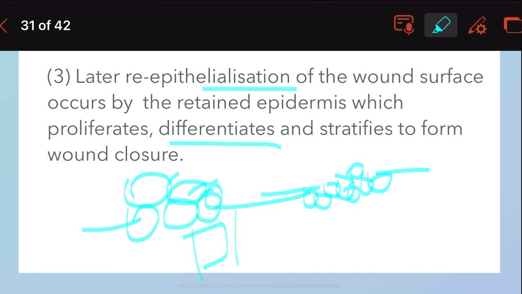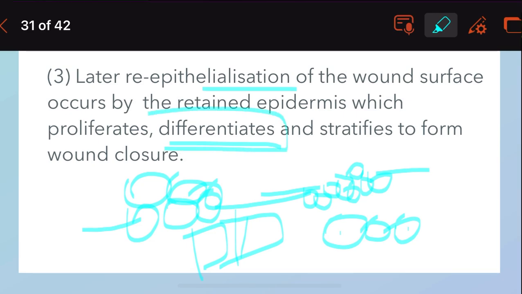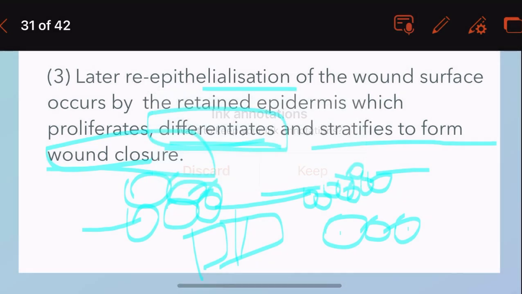If it is columnar, then the new cells become columnar. If they are round, they become round. So based on the site where they are injured, they differentiate, and they are stratified to form the wound closure.